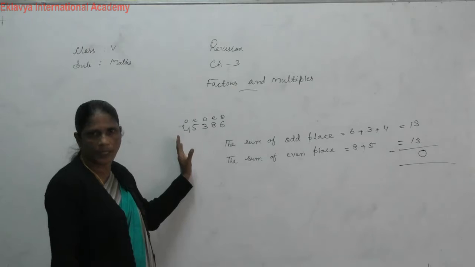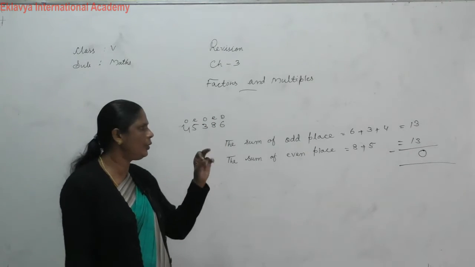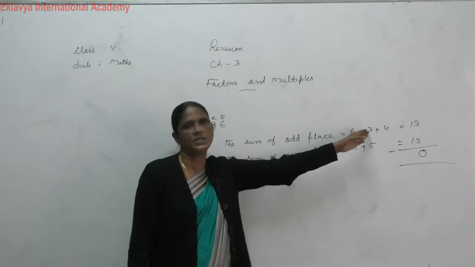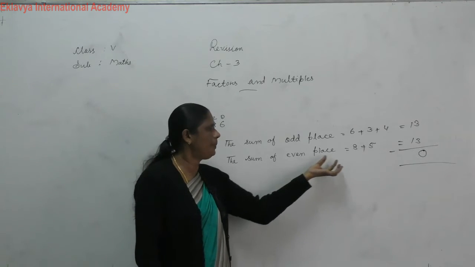Listen carefully. First you separate odd, even, odd. Then you add the digits of the odd places. Then you add the digits of the even places.